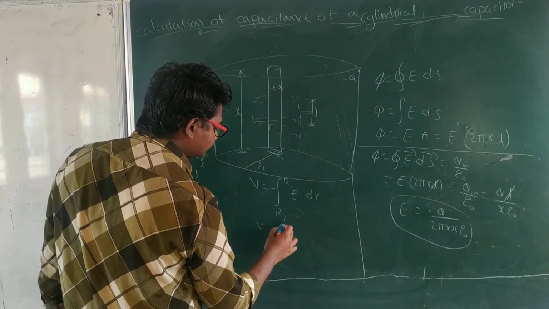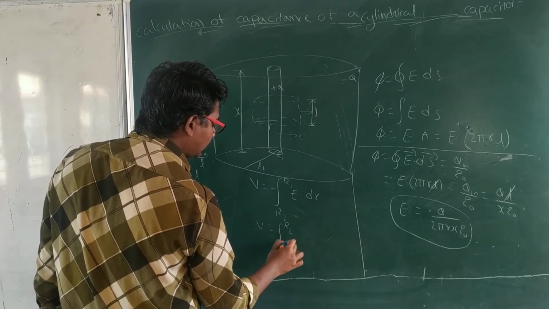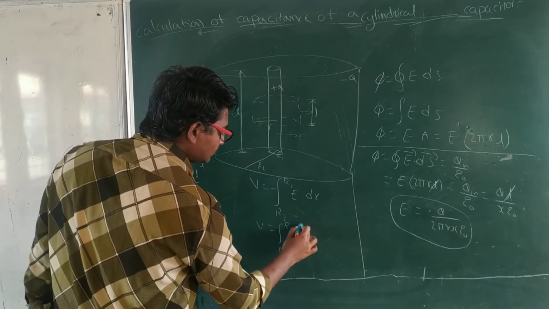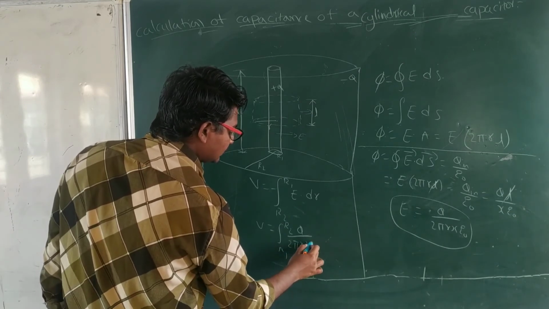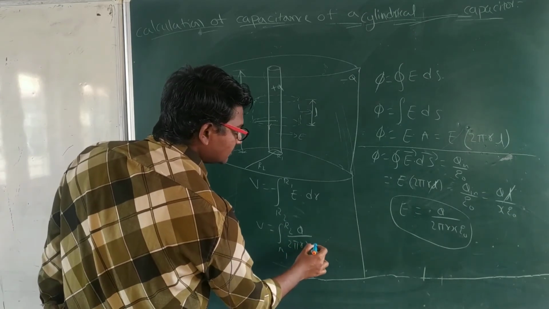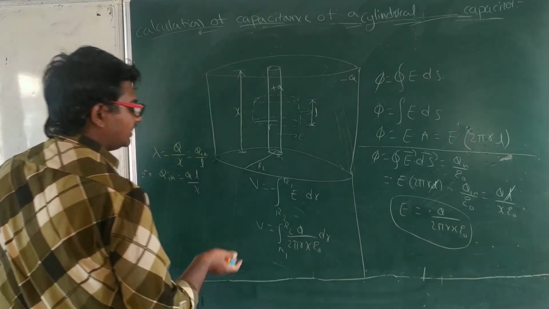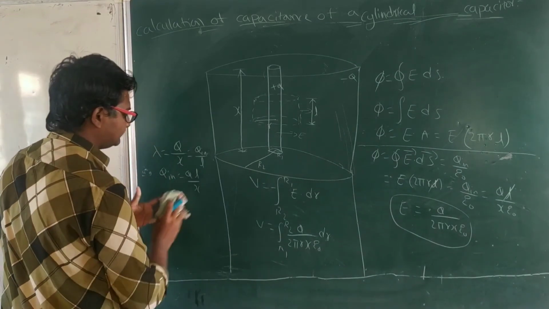Let's substitute. Here the integration is from R2 to R1, and the minus we are removing. Then the E value is Q by 2 pi r x epsilon naught into dr. Fine.